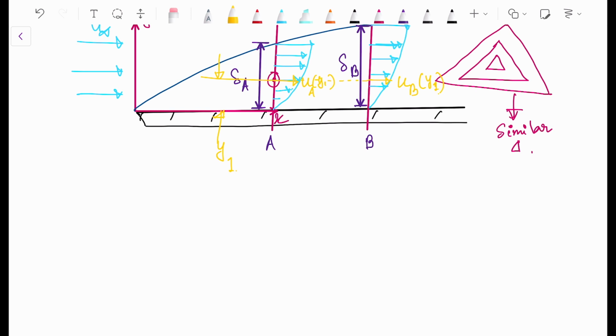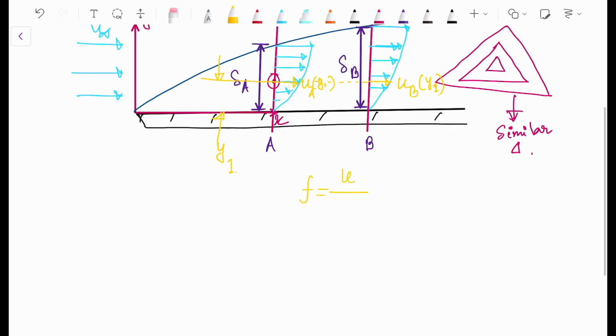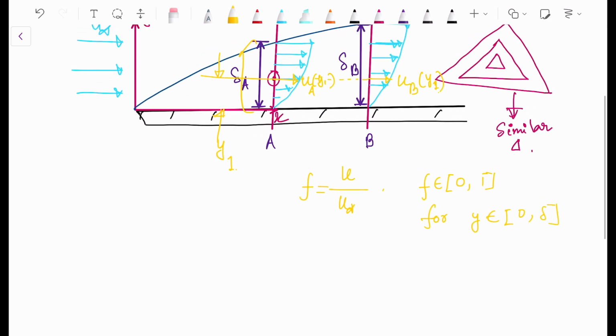So what I can do is define a new variable f that will be equal to u by u infinity. Then f will belong to 0 to 1 for y belonging to 0 to delta, the boundary layer thickness, because the maximum value of u is u infinity and the minimum value of u is 0.